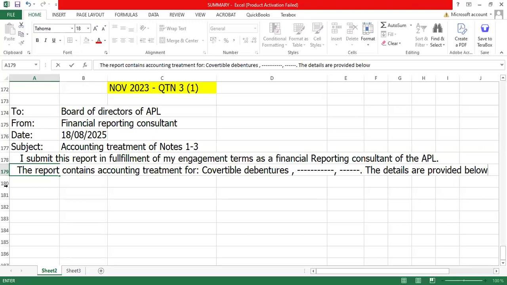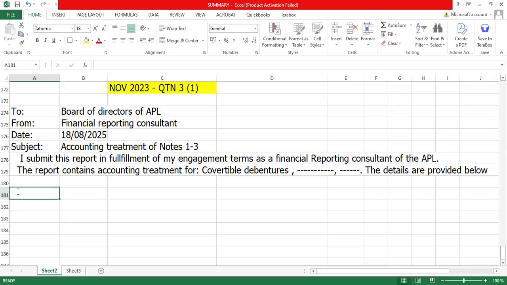Okay. I start with my note 1, which is about convertible bond or debenture. Here it's a debenture.